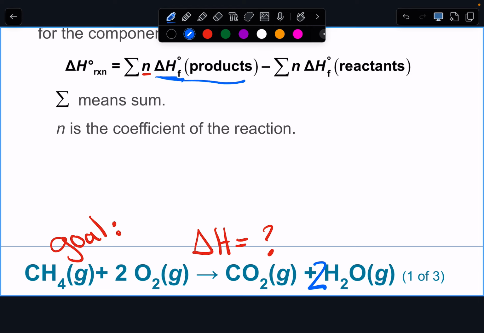Okay, so products first. So delta H of formation of CO2, and the coefficient's just 1. So 1 times that plus 2 times the delta H of formation of H2O.